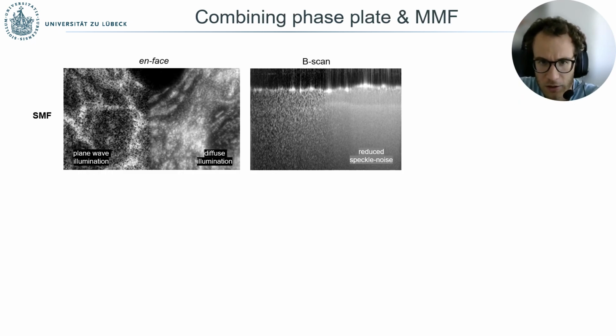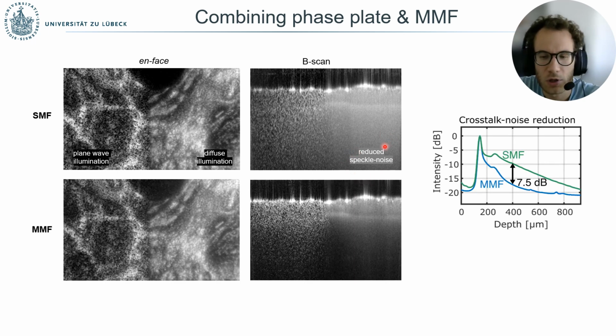We combine this phase plate diffuse illumination with a multi-mode fiber to benefit from the advantages of both methods. So with the diffuse illumination, we're smoothing the speckle noise, and with the multi-mode fiber, we are rejecting part of the multiply scattered light.